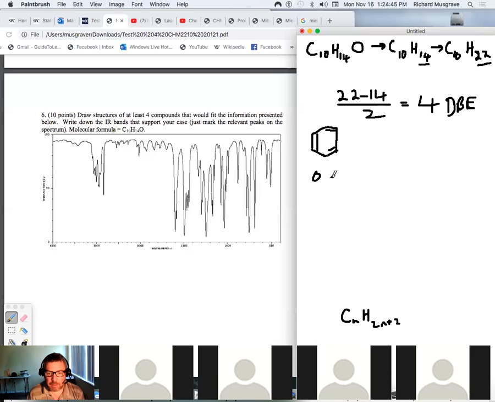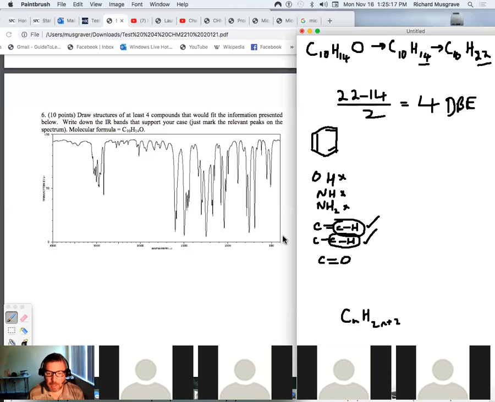So using that checklist I was just showing you: OH, NH, NH2, alkene CH, alkane CH, C double bond O. Now there's no OH, and we know there's no NH or NH2 because there's no N up here.